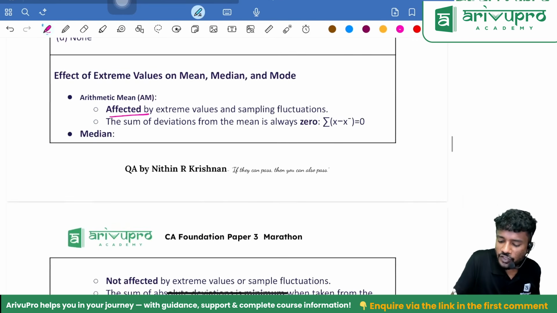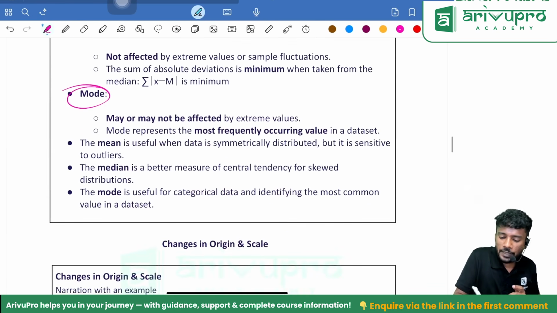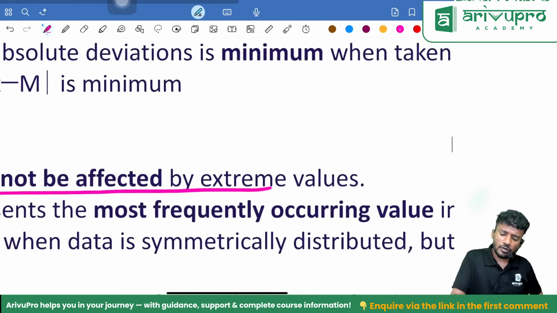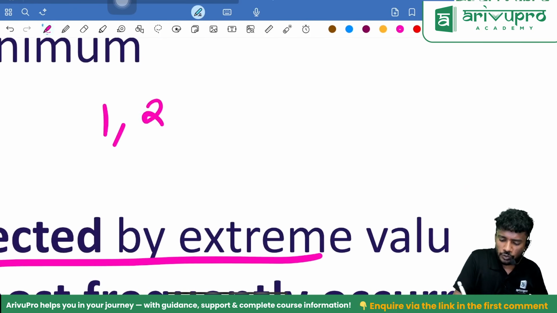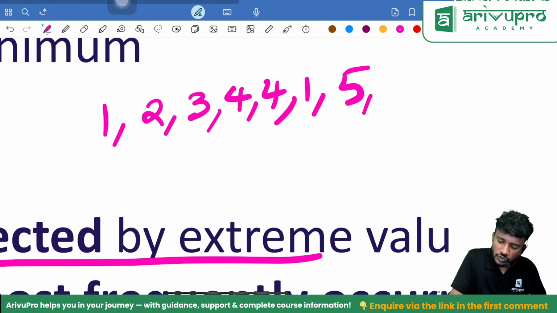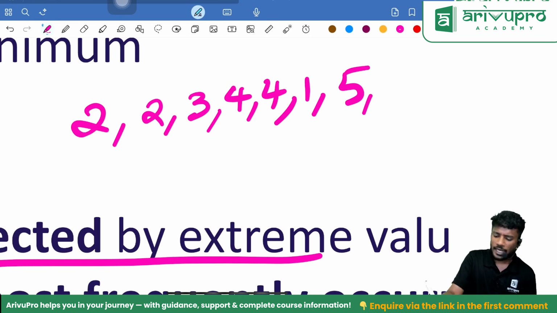Arithmetic mean is affected by extreme values and sampling fluctuation. Mode may or may not be affected. Why are we saying may or may not be affected? For example, 1, 2, 3, 4, 4, 1, 5, 6. Now I am changing the extreme values by adding 1 to both.